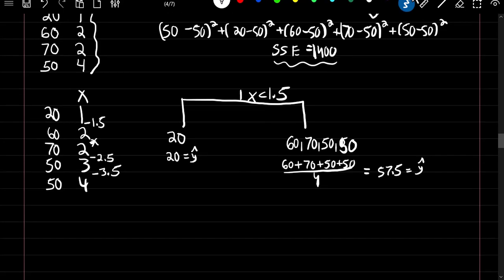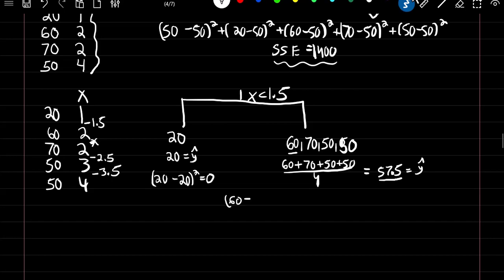Now we can find the sum of squared error for each side. So the sum of squared error for this side is easy. It's just going to be 20 minus 20 squared, which is equal to 0. And then for the right side, we're going to take our y values and then minus the value we predicted for them. Since the original observation was 60, and we predicted a value of 57.5, we would add an extra 2.5 squared to our sum of squared error.